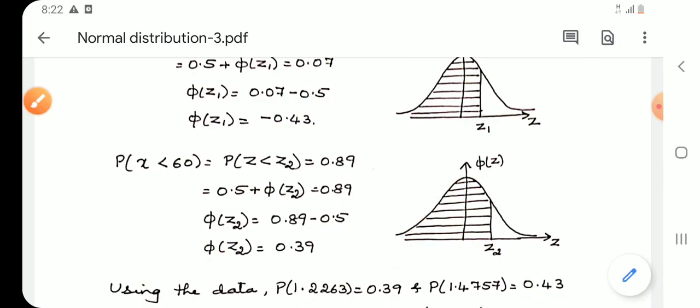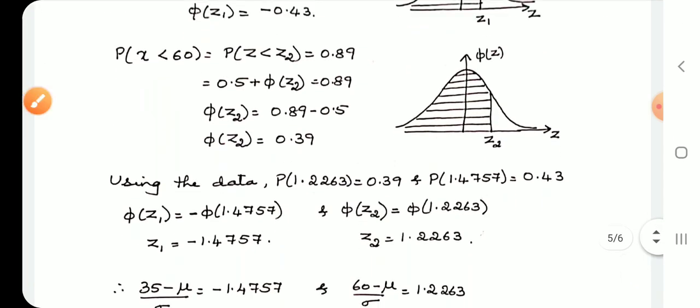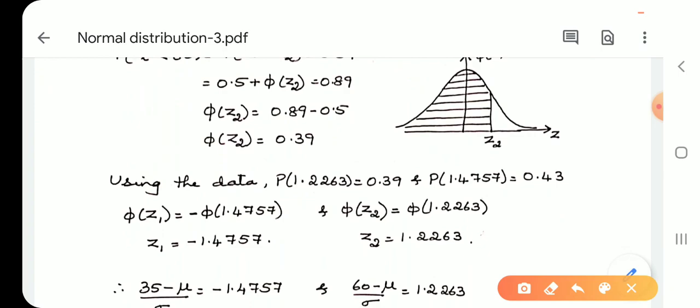Here we need not use the probability table, since in the data they have given p of 1.2263 is 0.39. So 0.39 is here. And one more thing, p of 1.4757 is 0.43.